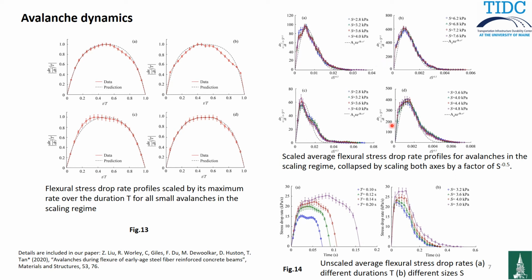One more thing we do here is we isolate some of the avalanches with similar size. If they have similar size, when you collapse them onto each other, the trend line predicted by the model also captures the general trends of the measurement data.